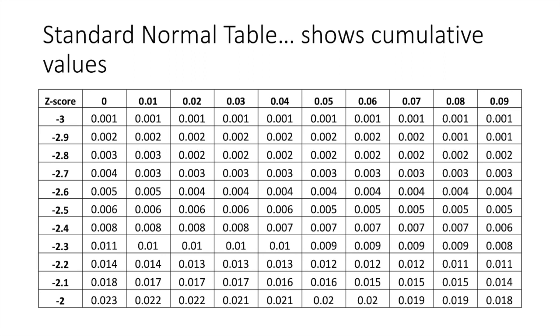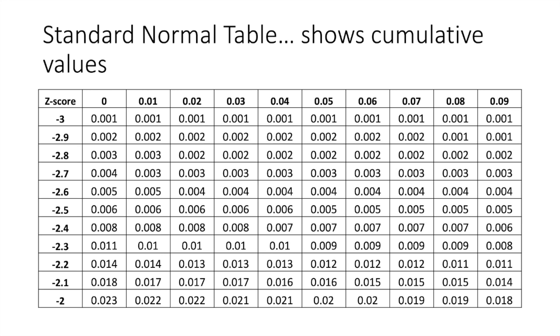So to find that, we go to the standard normal table. And as a reminder, the standard normal table shows cumulative values. So it would be the percentage of the distribution that is less than up to a z-score of minus 2.0.